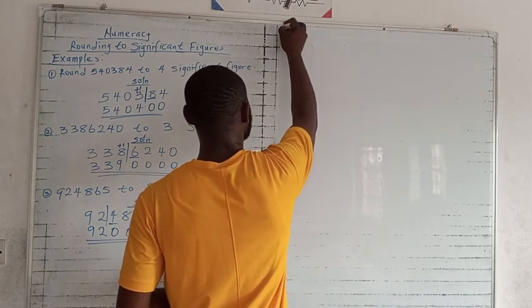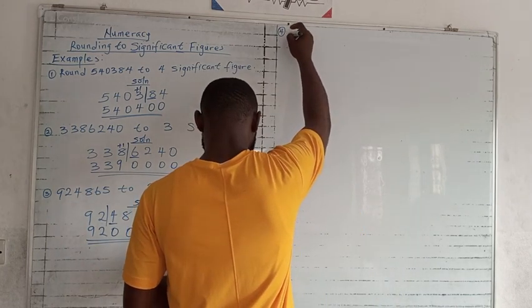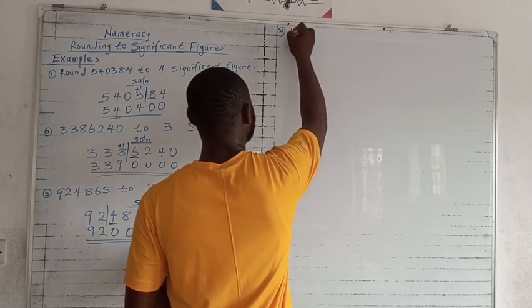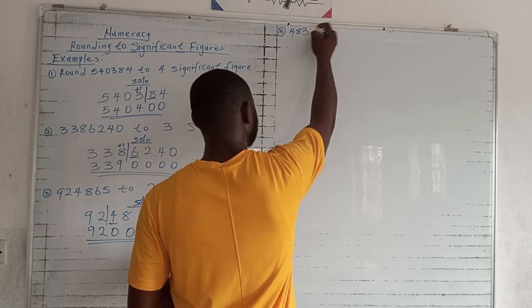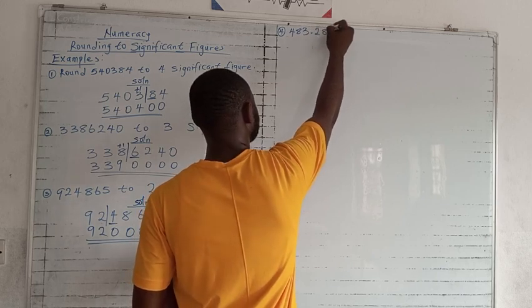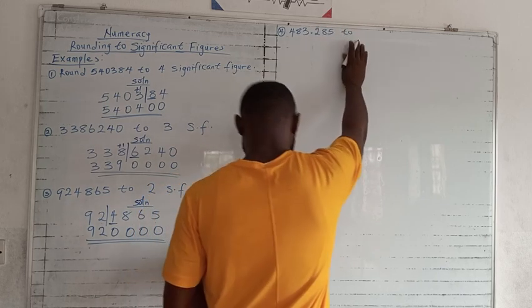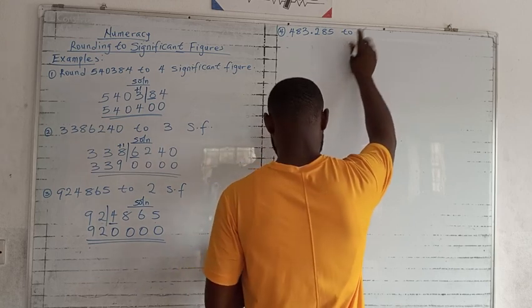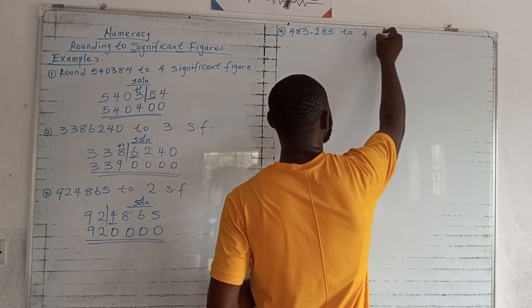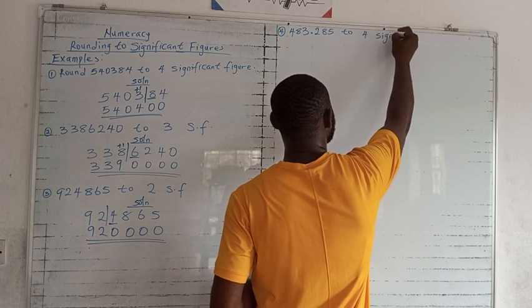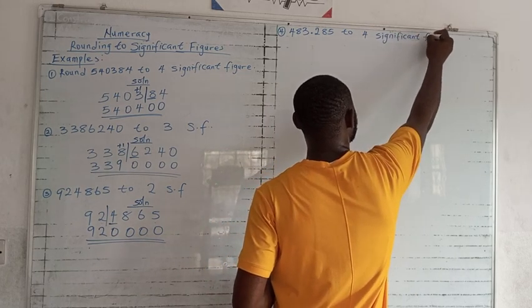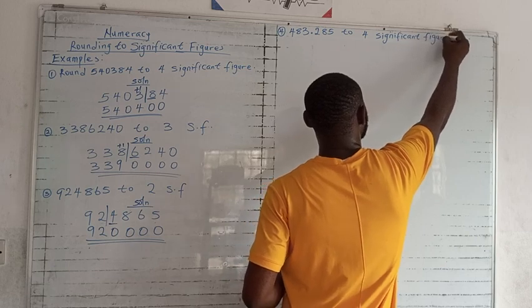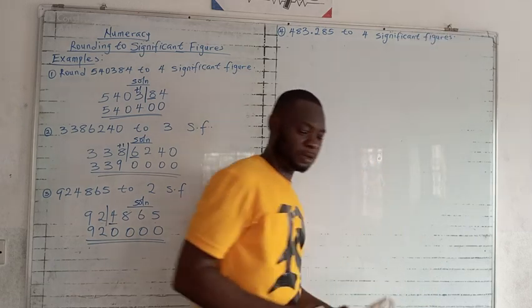So let me call this example number 4. Says round 483.285 to 4 significant figures.